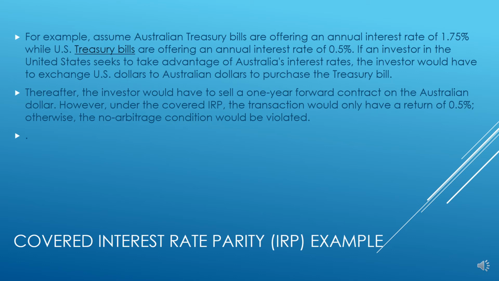Maurice Obstfeld and Alan Taylor calculated hypothetical profits as implied by the expression of a potential inequality in the CIRP equation, that is a difference in returns on domestic versus foreign assets during the 1960s and 70s, which would have constituted arbitrage opportunities if not for the prevalence of capital controls.